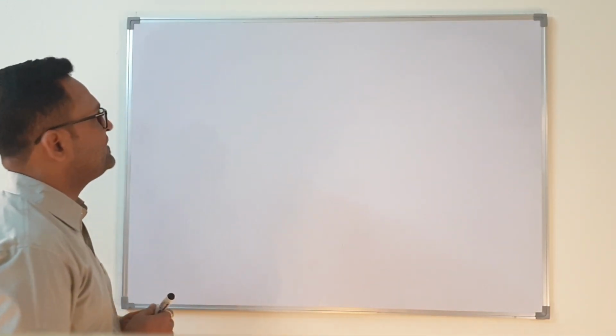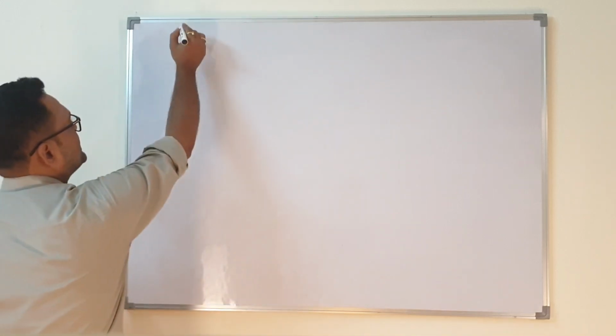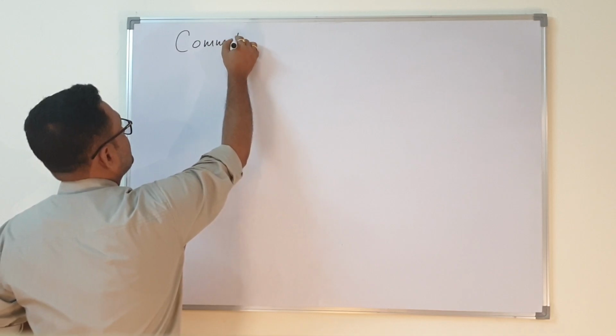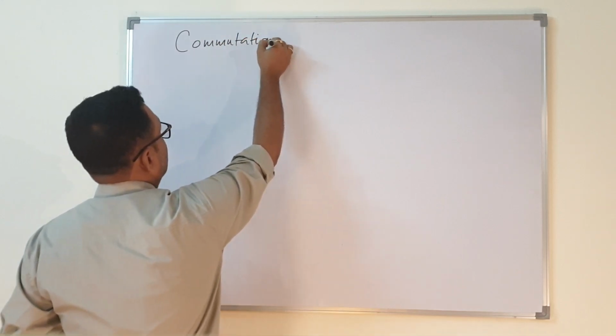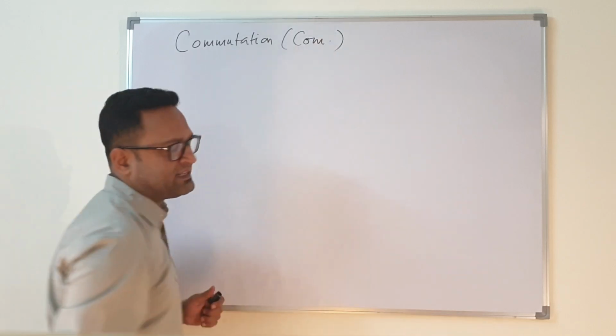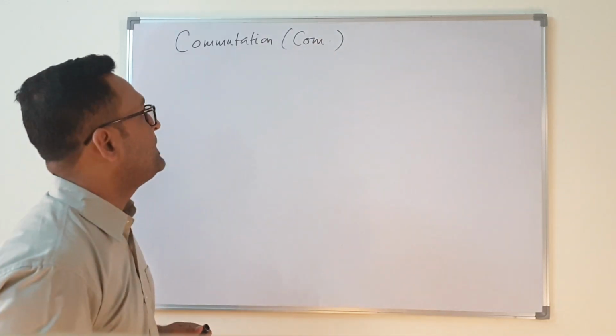So let us start with the first rule. Let us take commutation, which in short form is written as COM. You can write it as COMM as well.